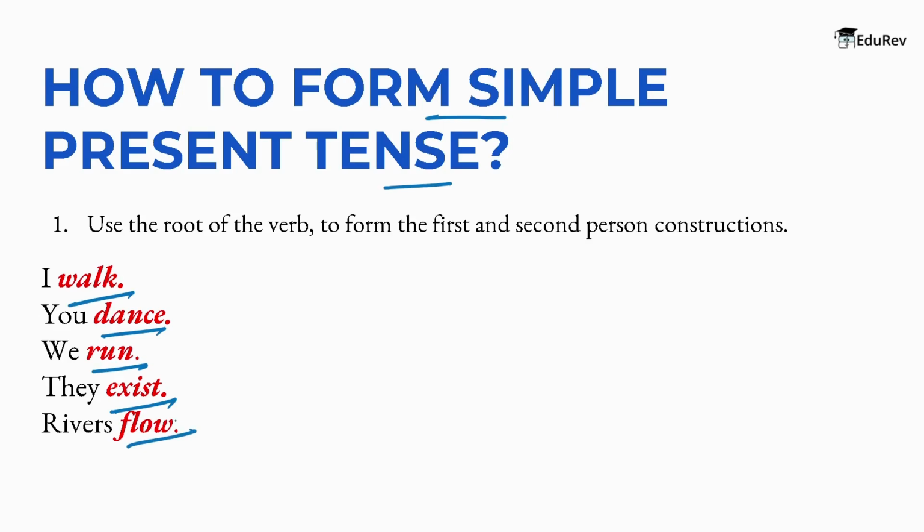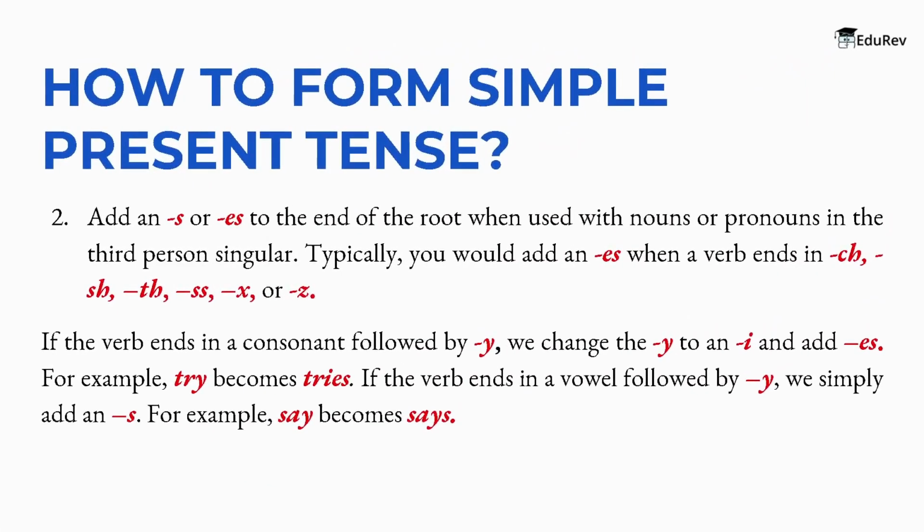The second general rule is that you add an s or es at the end of your root when used with nouns or pronouns in the third person singular. Typically, you would add an es when the verbs end in your ch, your sh, th, ss, x, or z. Right. Now, this is exactly what we were studying earlier, that when we can add s or es.